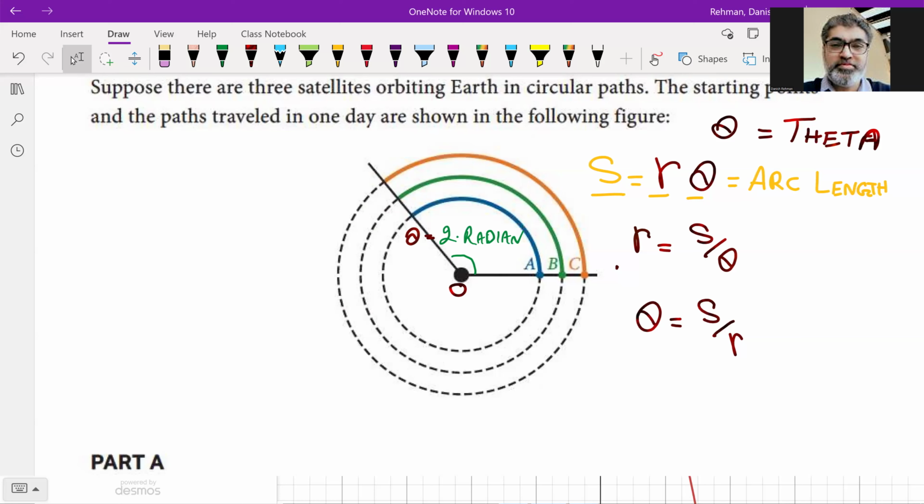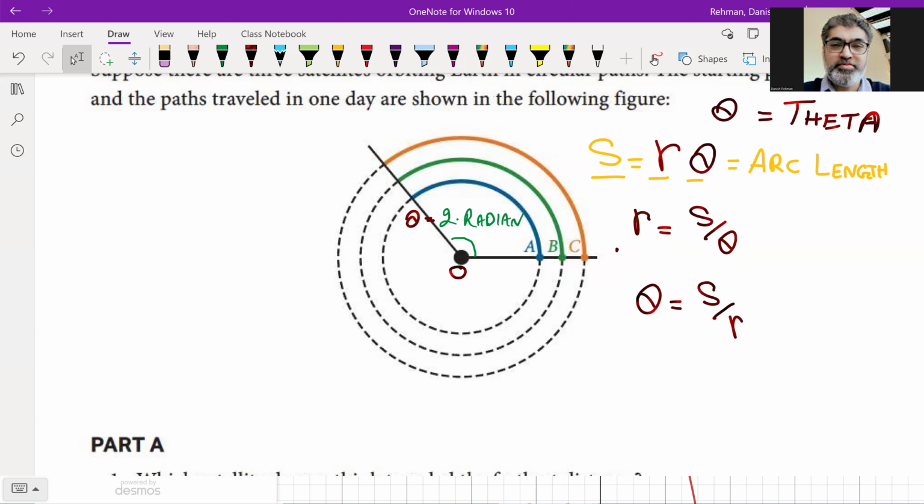Let's say Earth took 8 hours to go from here to here, and in the same time the satellite at point C rotated the same 2 radians from here to here. This speed must be greater, right? Because the satellite is covering more distance during the same time as the Earth's rotation.